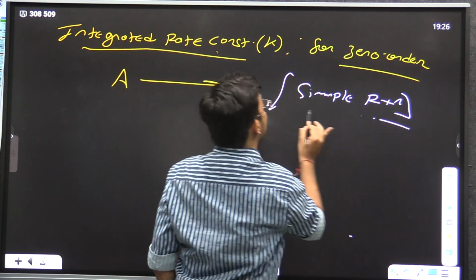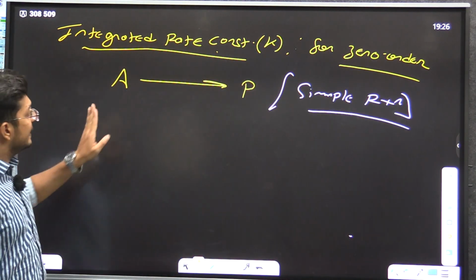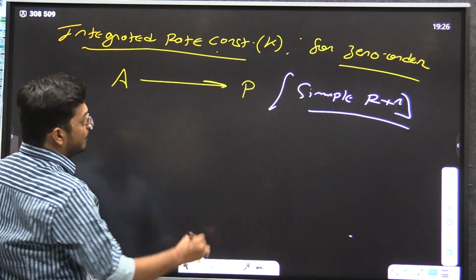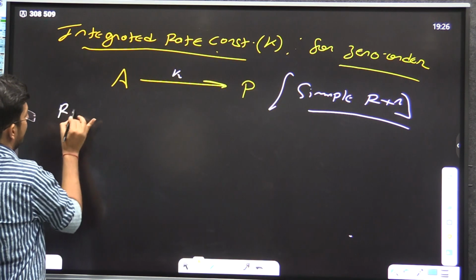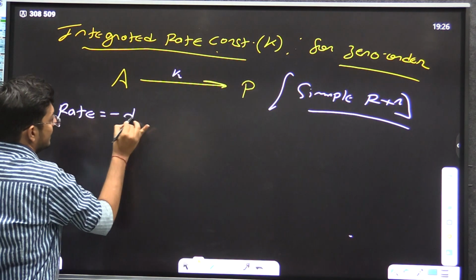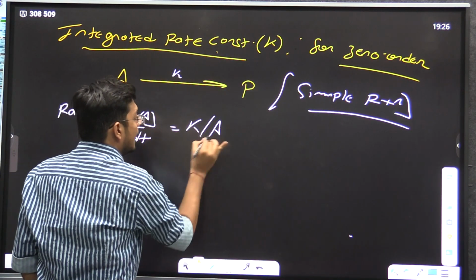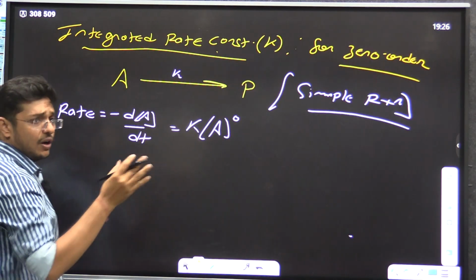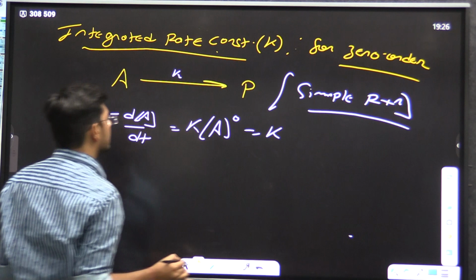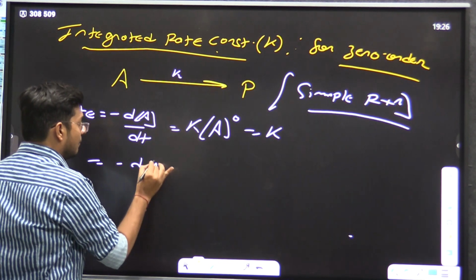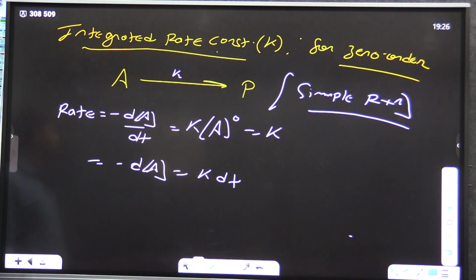I will take some complex reactions after this simple one. So the reactant is A and it changes to product P with rate constant K. We can write the rate as minus dA by dt, which is equal to K A to the power 0, as per the definition of zero order, which is equal to K. Or we can say minus dA is equal to K dt, right?